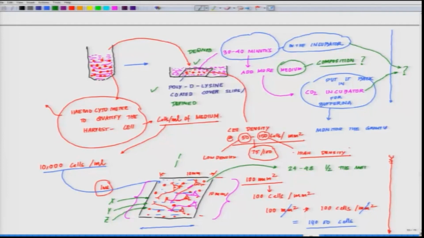You warm the medium in a bath and replace half of it. Followed by that, depending on the density of the culture, on the third or fourth day, change 3/4 of the medium.